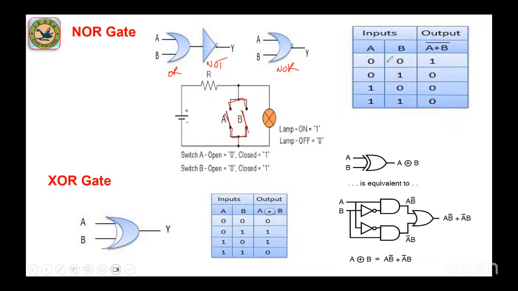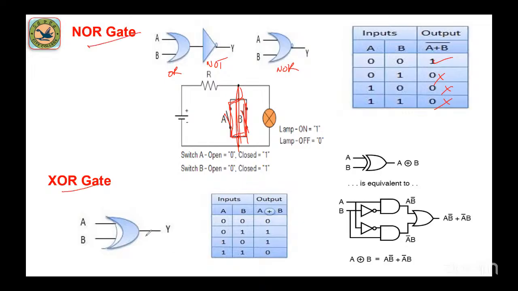If A is 0 and B is also 0, that means A is open and B is also open, then A plus B whole bar is 1 and the bulb will glow. If either of them is closed, the bulb doesn't glow, because of short circuiting. That belongs to the NOR gate.